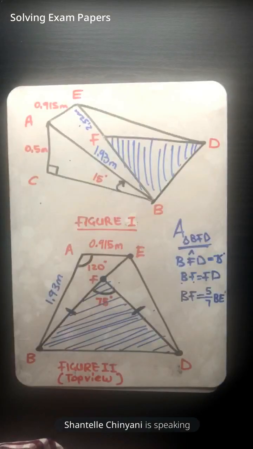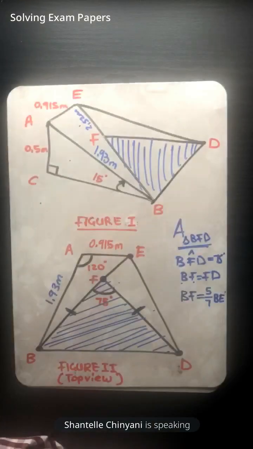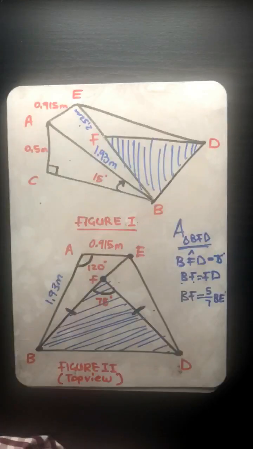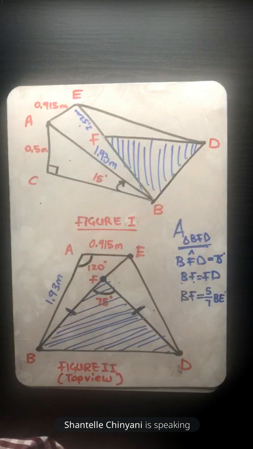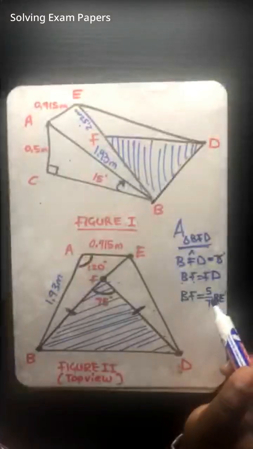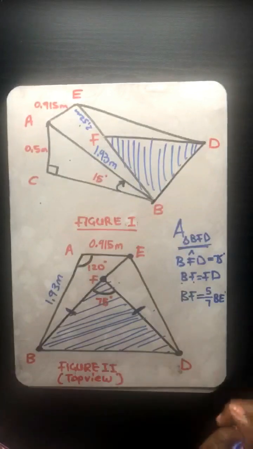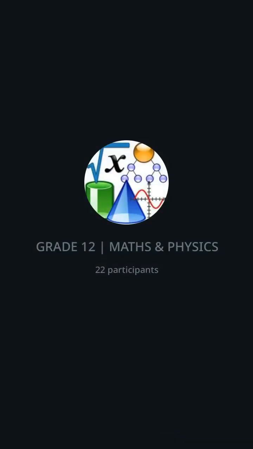I noticed something, but I'm sure everybody else did. Put it on the diagram. They said BF is equal to FD. So now we see those two sides are equal, and we already have BF. So we can just put that on the diagram.